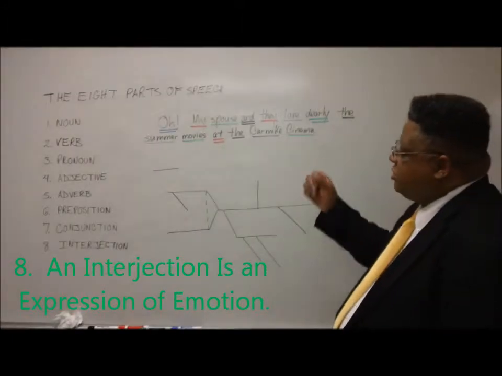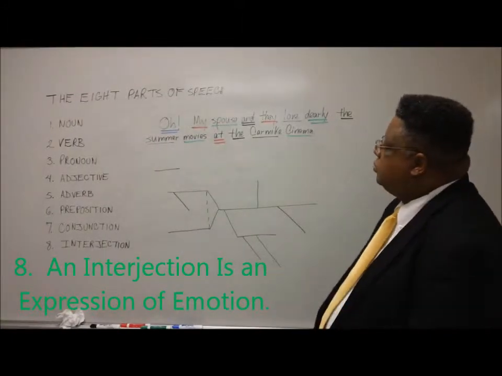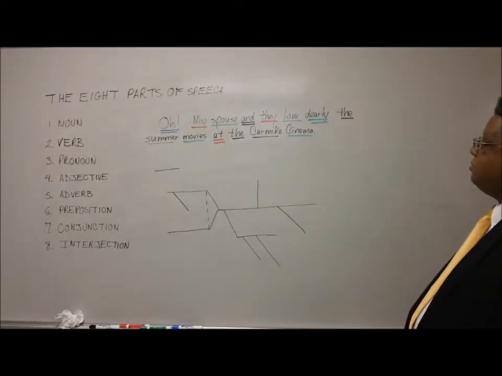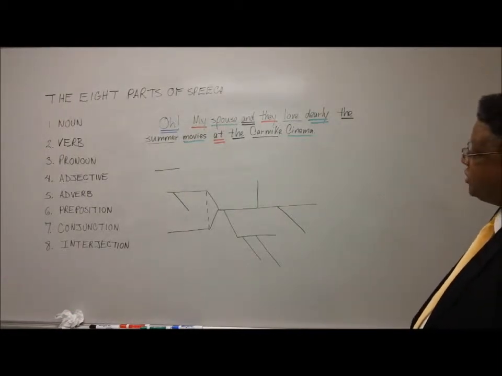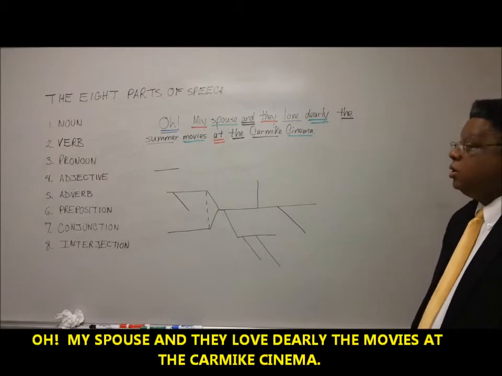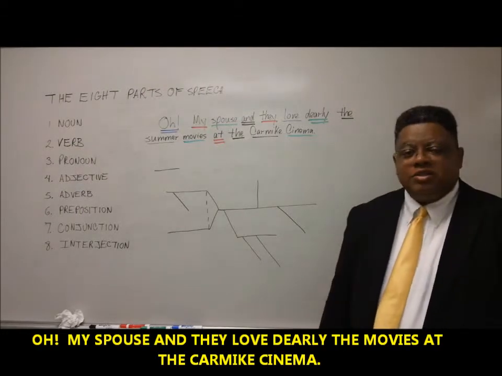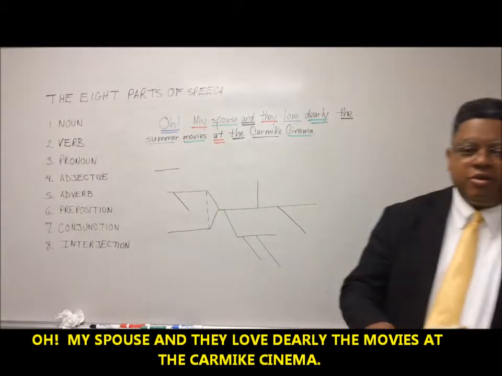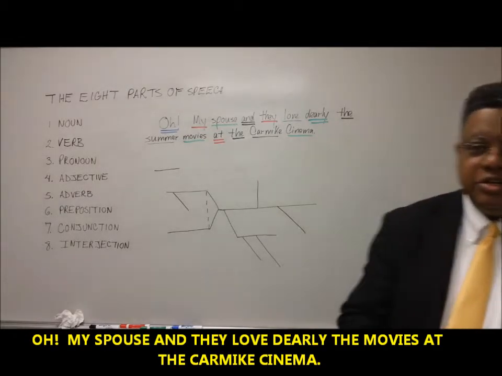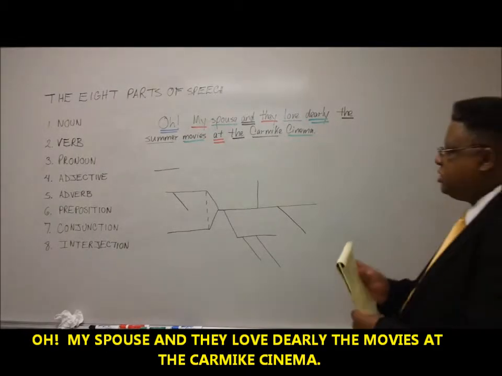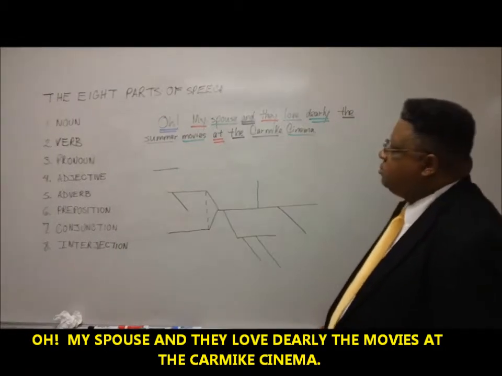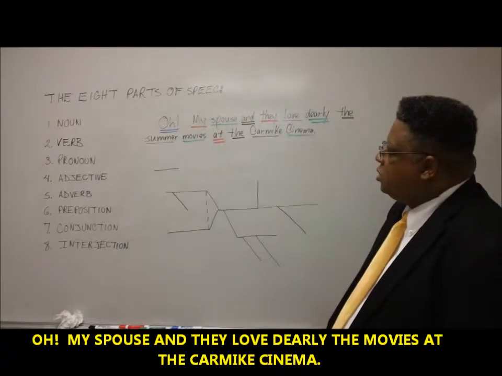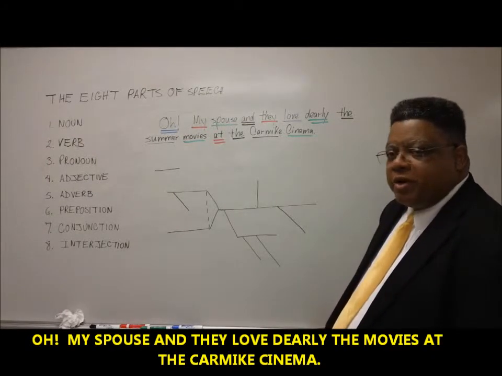Now look at this sample sentence. Oh, my spouse and I love dearly the summer movies at the Carmike Cinema. Let's see if we can identify each principal part of speech in this sentence. First of all, let's find out where the nouns are.